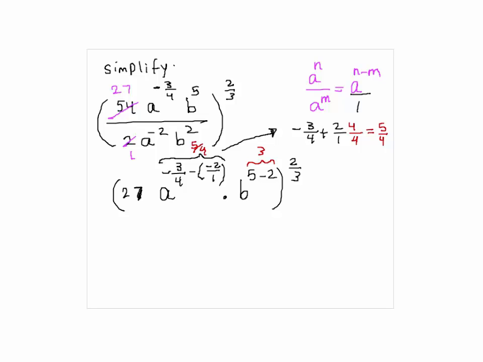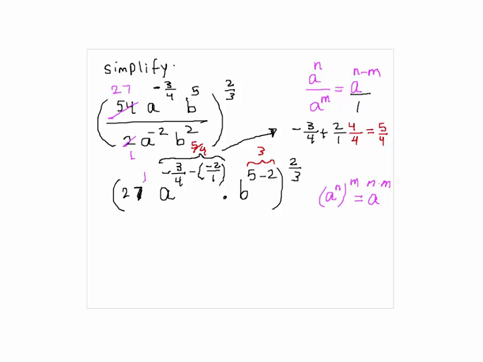So now we're going to raise everything to the power of 2/3. Now we have another property here. We have a to the power of n to the power of m. What is that equal to, anyone? That would be a to the power of what? What do we do with the exponents? We multiply them, n times m.